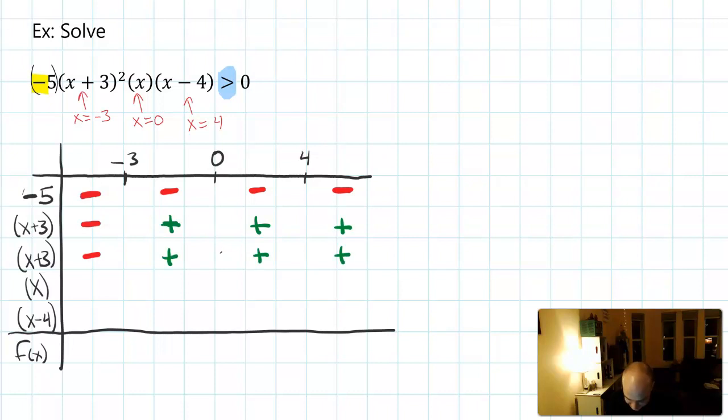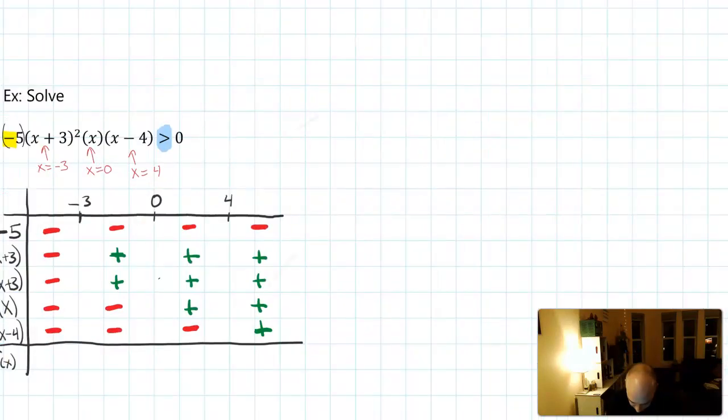Positive, positive, positive. X will contribute a negative to the left of 0 and a positive to the right of 0. And x minus 4 will contribute a negative all the way until you get to the right of 4. And then x minus 4 will contribute a positive. So that's how you fill out the sign chart.